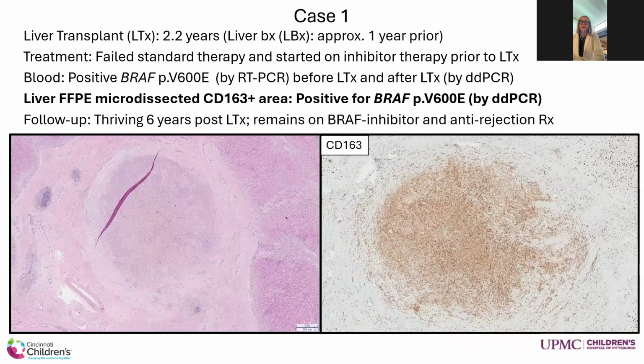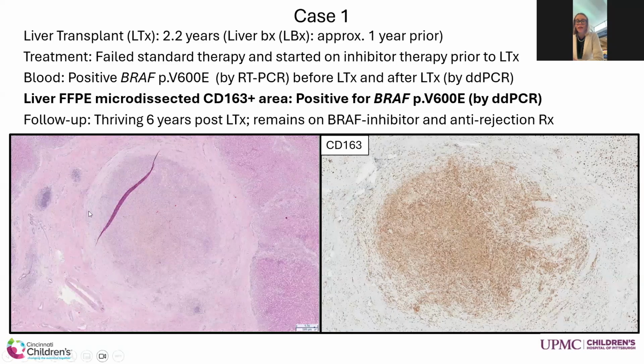So when we look in more detail at the actual 4 cases at their explants, they had very interesting pathology. The first case was transplanted at about 2 years old. He had a liver biopsy about a year before that. He was on standard therapy, but failed and switched over to inhibitor therapy prior to transplant. His blood was positive both before and after transplant by our ddPCR testing.